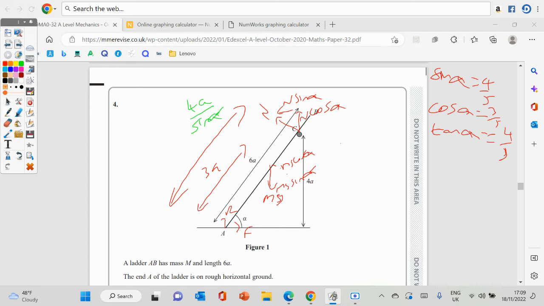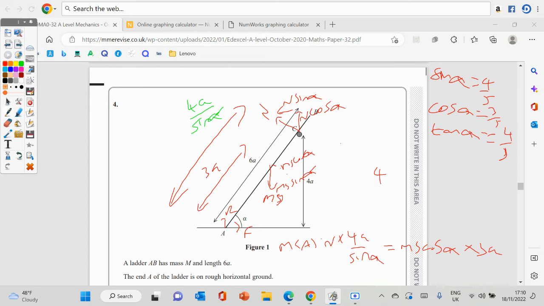Right. So, the first thing I'm going to do is to take moments about the point A. So I'm going to get N times 4a over sine alpha is going to be equal to mg cos alpha times 3a.